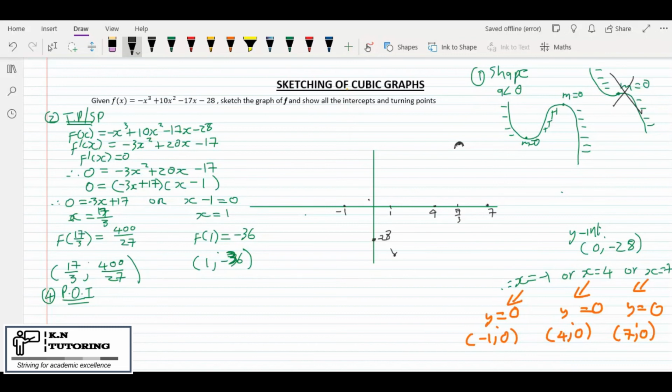So I know that it needs to turn again somewhere there. Now it's just a matter of joining all these points. So I'll just use a different color. It must pass there. Apologies for it not being nice, but there's not much that I can do. Then it will turn here and pass there.